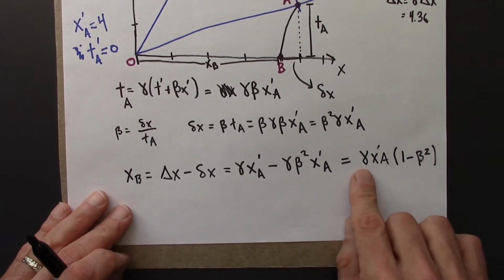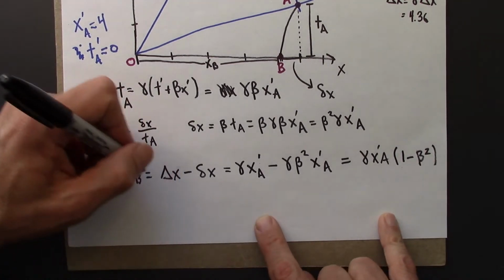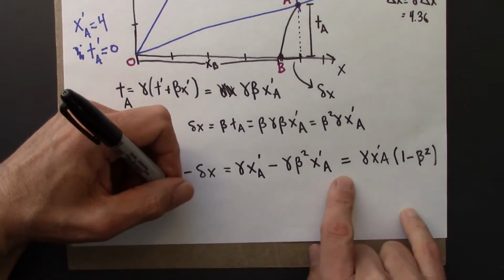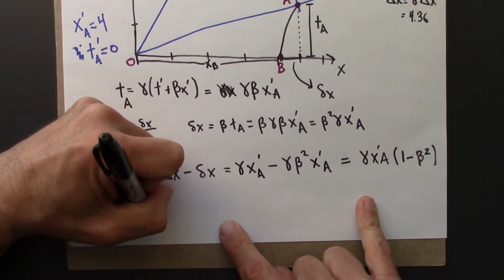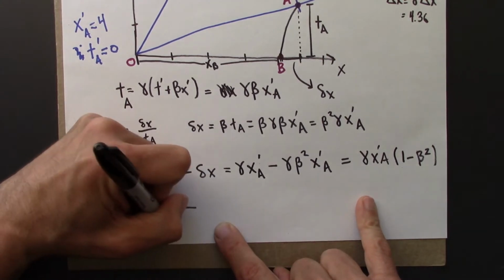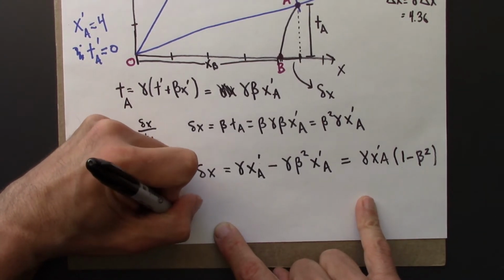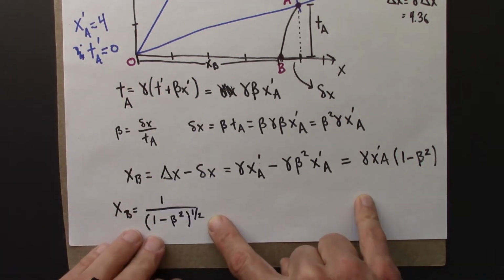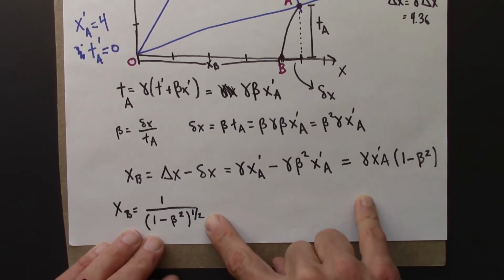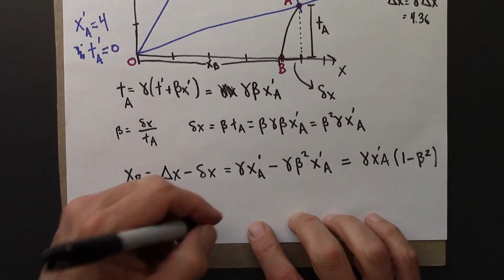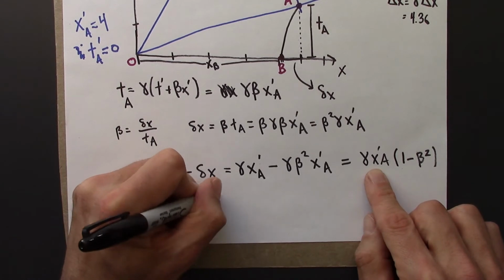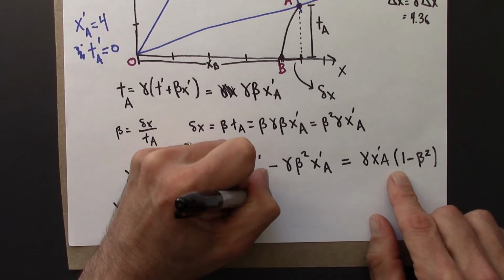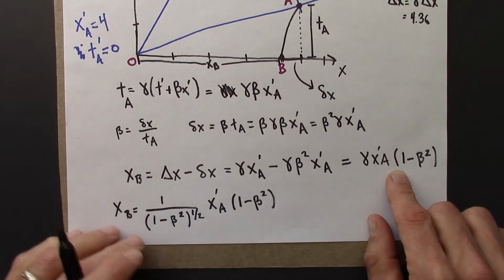All right, so gamma, let's write out gamma. So this is still xb, and gamma is 1 over the square root of that. And a square root is the same as a half power. I'm going to write it this way. And then we've got x prime A, and also up top we have a 1 minus beta squared.